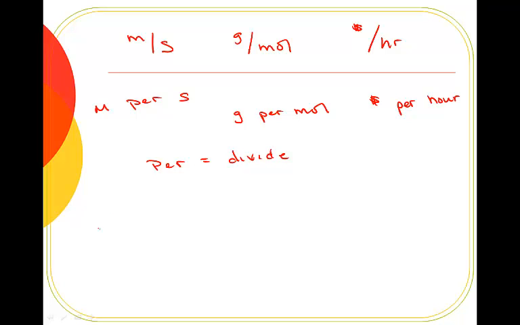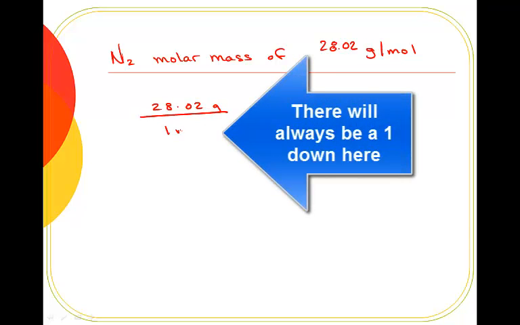If we saw something like 15.0 meters per second, we can write that by saying 15.0 meters over 1 second. If we consider our grams per mole, let's say if I told you that nitrogen has a molar mass of 28.02 grams per mole, well, the ways that we can write that relationship are 28.02 grams per 1 mole.